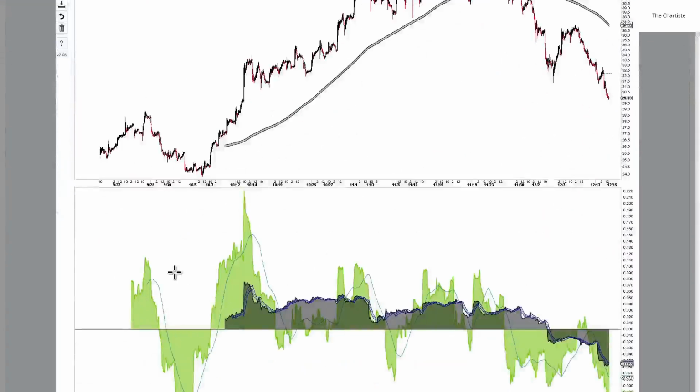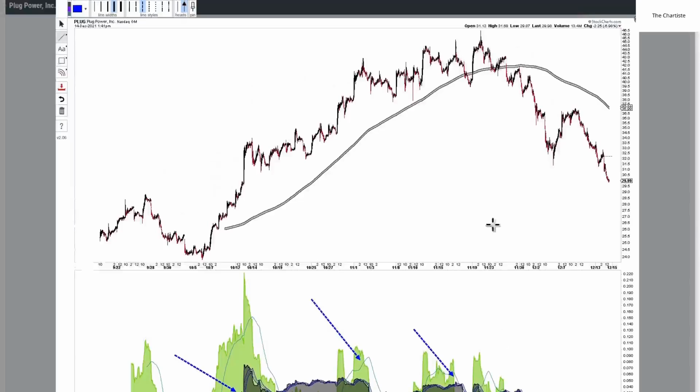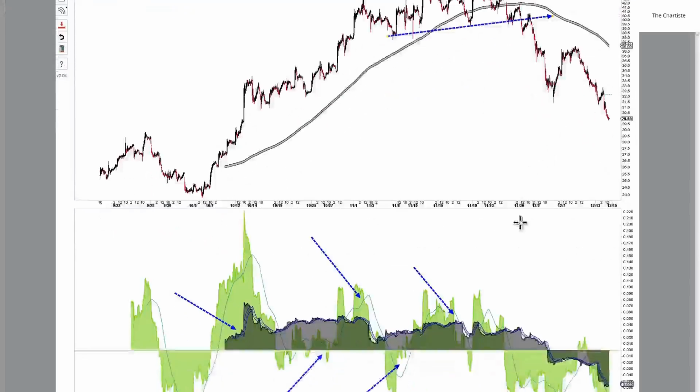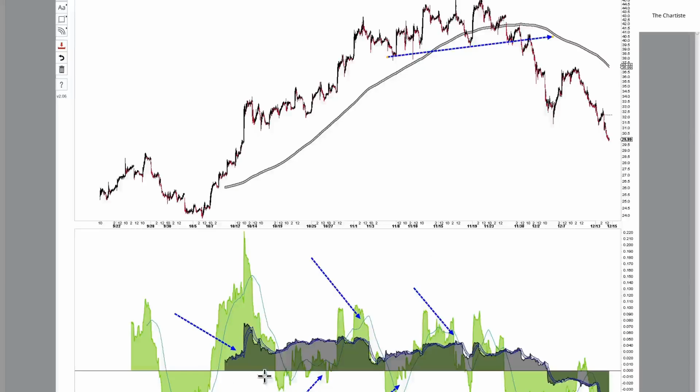You have initial loading right here, then you have another spike here, another spike here. You could buy somewhere here and here, and then it's crossing below moving averages, is breaking down. So you have to count 1, 2, 3, and that's it. That's what you can get. Then you have to move on and wait for another opportunity.